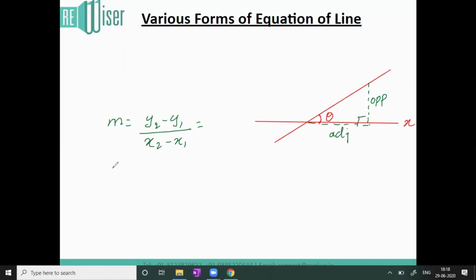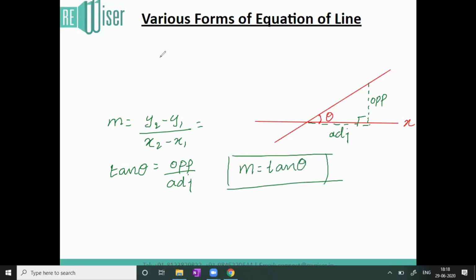In that case, tan theta is equal to opposite over adjacent, which means the slope of a line is also equal to tan theta. So in this case, I can find the slope. And this is something known as the angle point form.